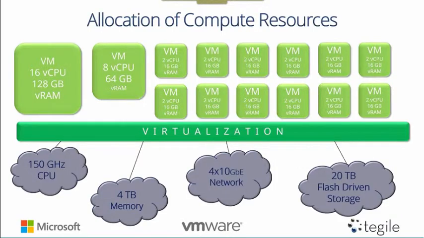Now, like I said before, instead of focusing on a single physical machine and the resources assigned to that physical machine, it's now a collection of resources that you have at your disposal. So in this demonstration, we've got just a bunch of CPU, 4 terabytes of RAM, a lot of flash-driven storage, solid networking, and then what you do is go through and you start to carve up and allocate those resources as you see fit based on your workloads.